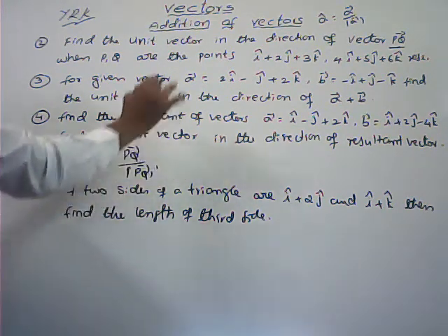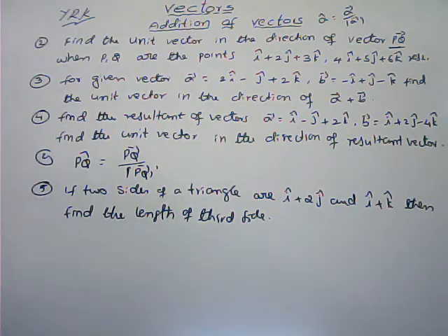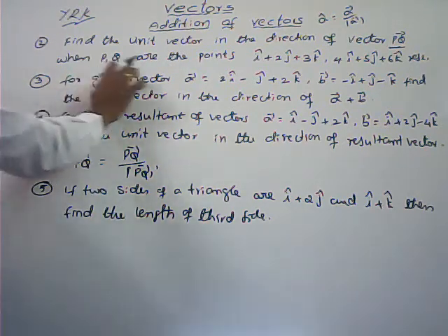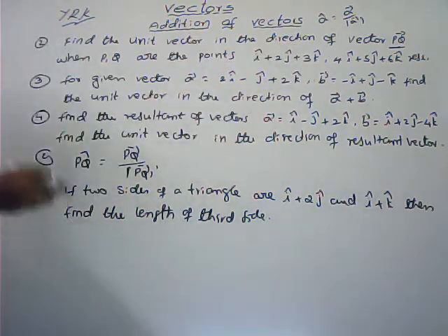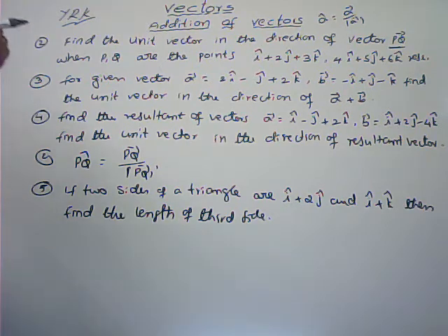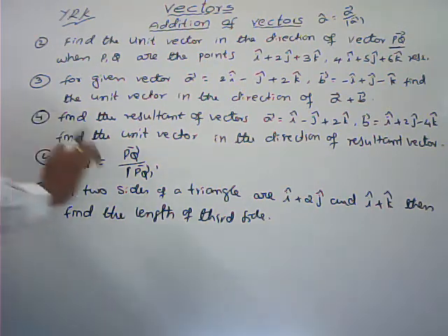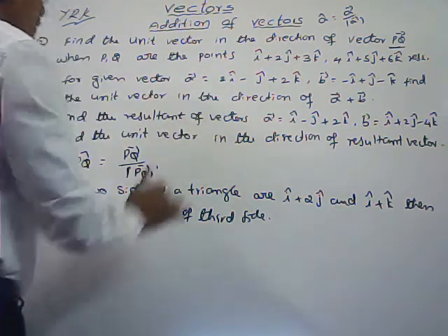But here the PQ vector is not given directly. When P comma Q are the points, here this is the P point, that is the Q point. Whenever the points are given, for example, P be any point in the space, what is the position vector of P with respect to origin, OP bar? So here OP bar is given.